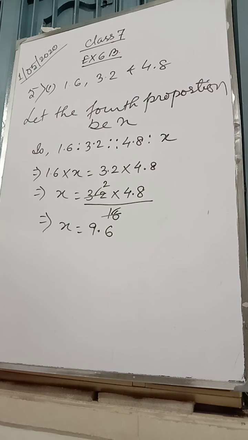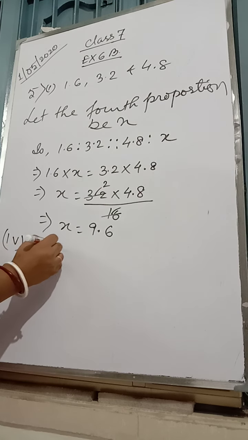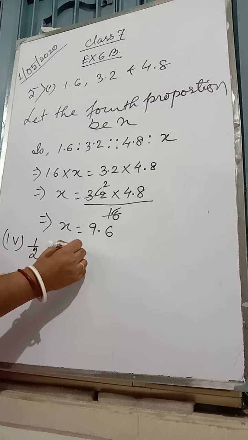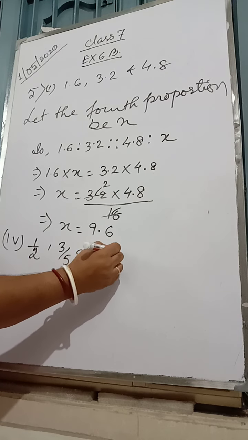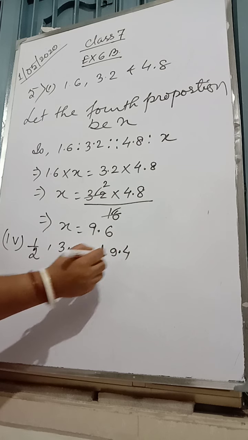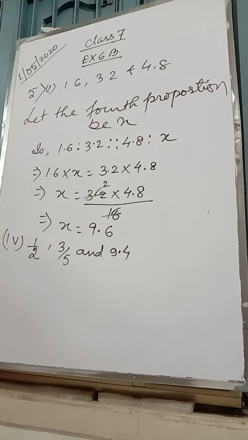Similarly, for question number 4, you are given two fractions, 1 by 2, 3 by 5 and 9 by 4. You can convert 9 by 4 as 9.4 by 10, but what is the need of it?